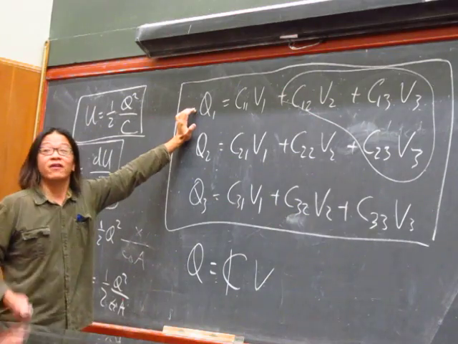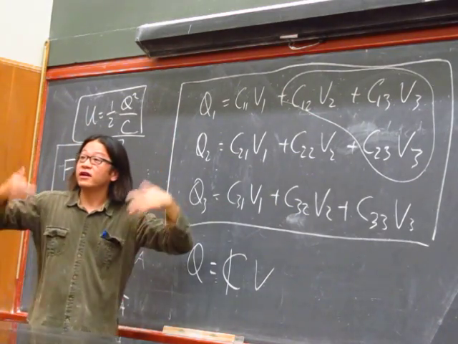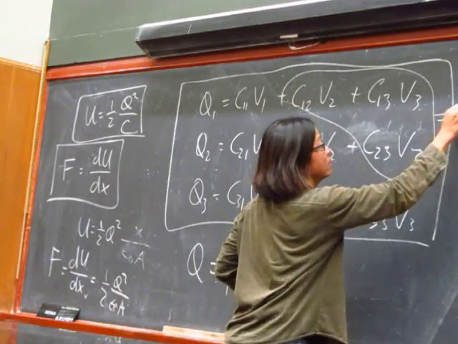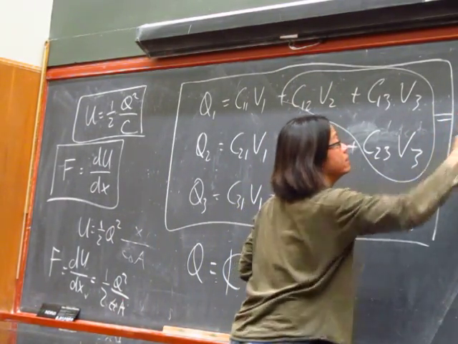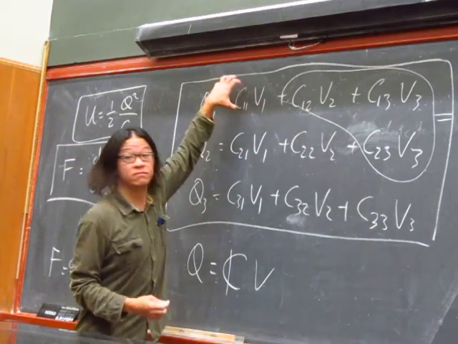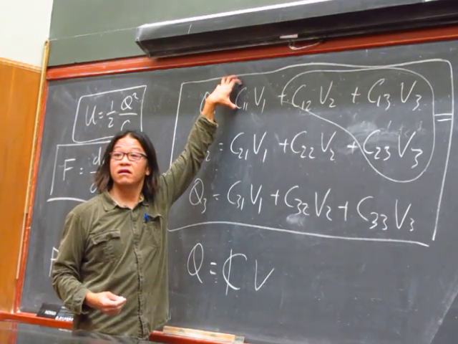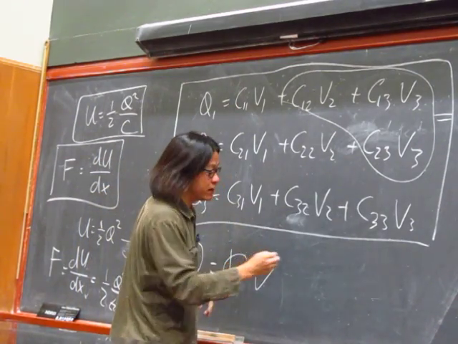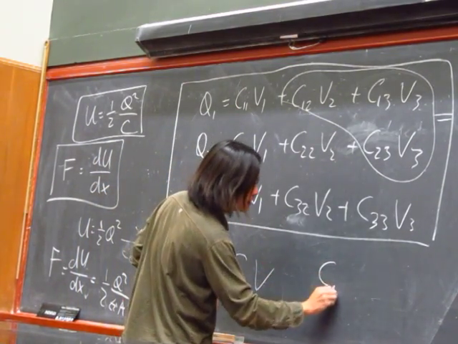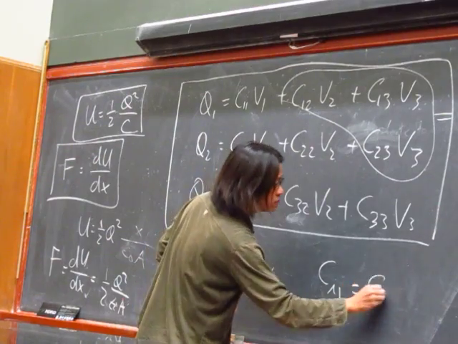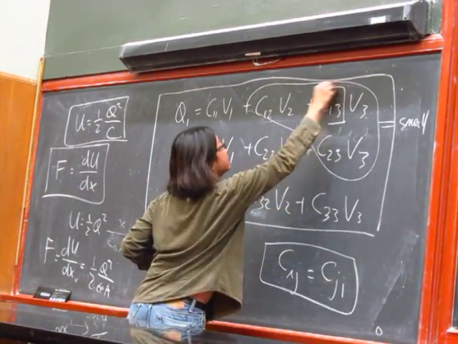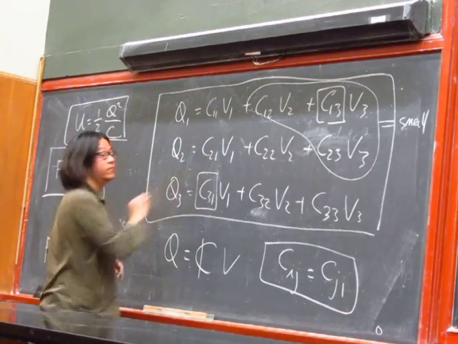Hopefully if you design your electronics very well, the cross terms are small and you're left only with the diagonal terms. Something that you can prove, but is actually very difficult to prove, is that Cij is equal to Cji. So this term here is equal to that term.